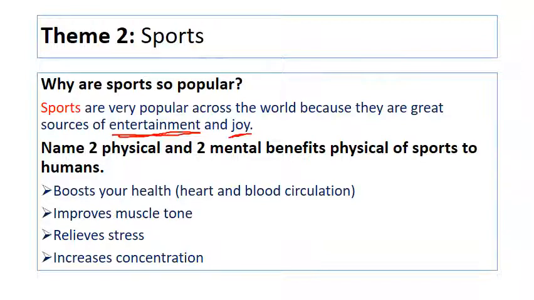So why do we watch sports? Because they are a source of entertainment. They bring us happiness. They bring us joy. And if we are not spectators, we are players, they bring us a lot of benefits, like those.